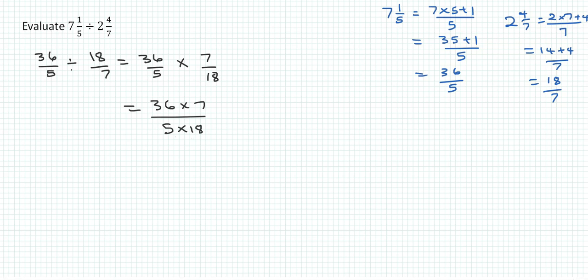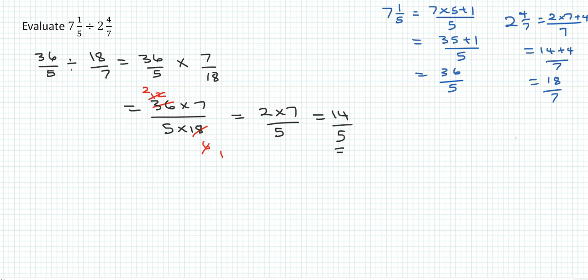So we're going to go ahead and do some division here. We can divide by 3 here, get 6, divide by 3 here, we get 12, we can divide by 6 here, we get 1, divide by 6, we get 2. So now we're left with 2 times 7 over 5, which is going to give us 14 over 5.